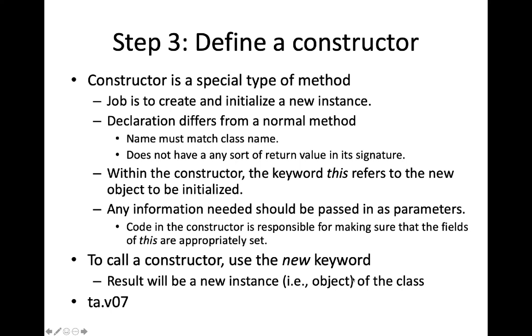It'll allocate the space for it, right? It'll create the reference, and then it's going to find the defined constructor in the class, and then it's going to execute that constructor, providing that constructor access to this new object in memory so that the constructor can fill the fields with the appropriate values.